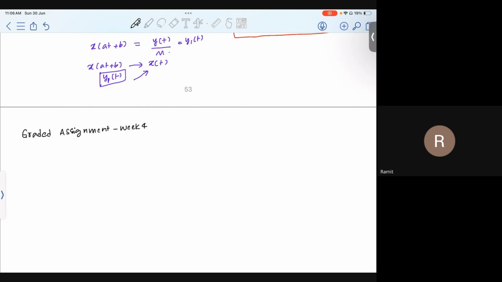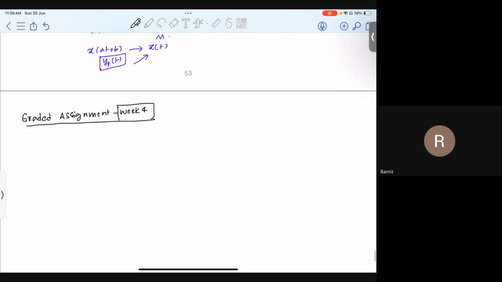Even before the team sets it, I would like to request any one of you to please take a screenshot of whatever I am writing here and post it either on the discourse or on your WhatsApp group, so that if the team gets delayed in setting it up, the other students will have access to this. The signal we have given is the following. x of t is 1 plus t from -1 to 0, and then 1 from 0 to 1, and 0 otherwise.